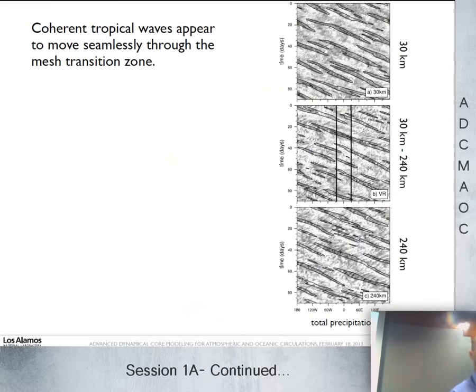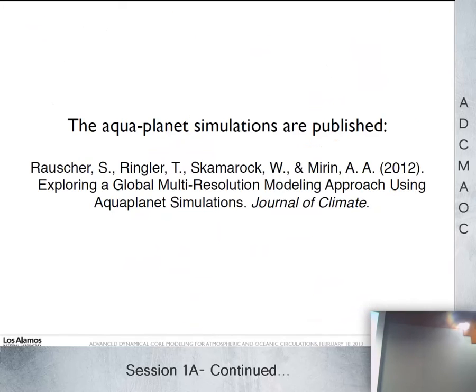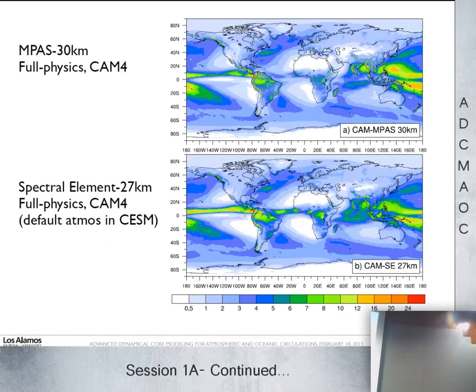So this is the reason I showed this plot, right? If there was reflection, we would expect to see it here. When you saw this total precipitation, oh, right, but that has nothing to do with the numerical method.